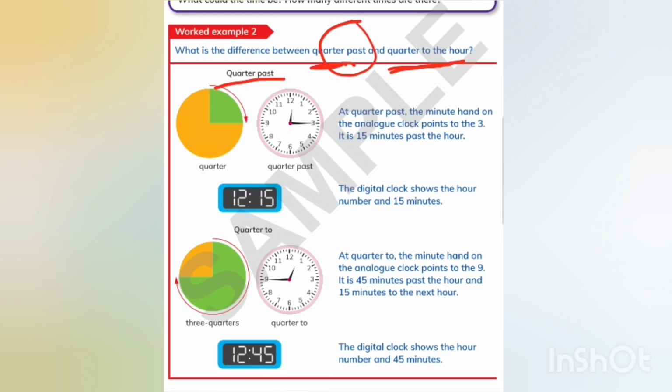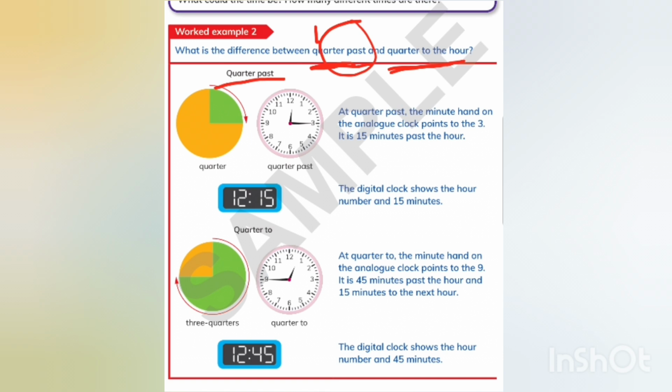Quarter means 15 minutes, whether it is quarter past or quarter to. Past means that the time has gone, 15 minutes have passed, 15 minutes have been covered.